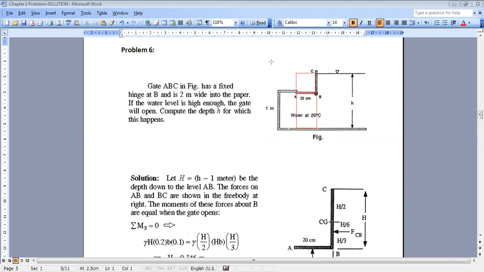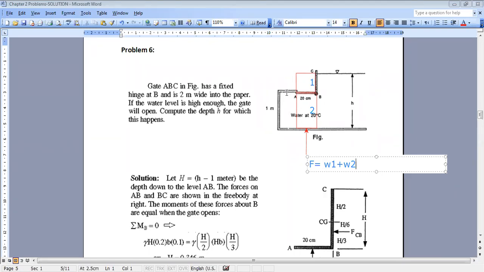Okay? So I have demonstrated now that the force of the bottom is equal to the whole volume. So if I say this is part one, this is part two, I have demonstrated that F at the bottom corresponds to weight 1, which is the weight of the missing water, plus weight 2, which is the actual weight of my control volume, okay?